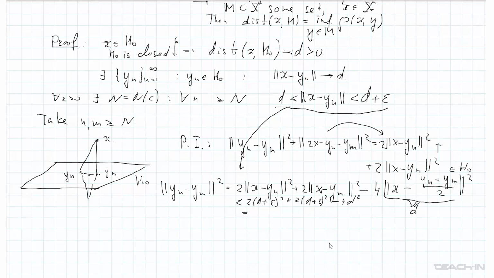So if I calculate, 2, 4, 2, 4, 8d epsilon plus 4 epsilon squared. And you can see that it tends to 0 as epsilon tends to 0.